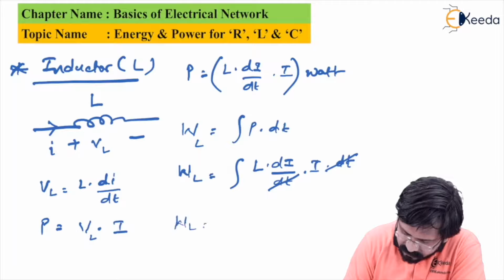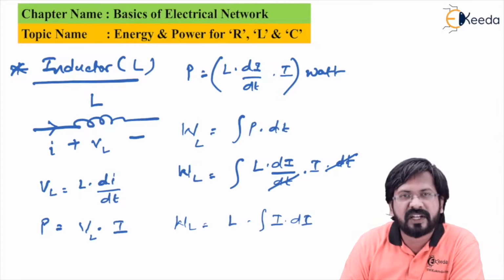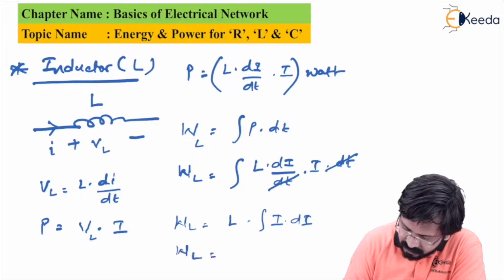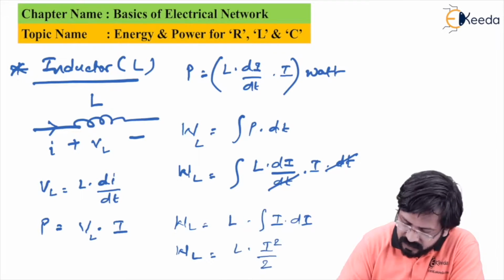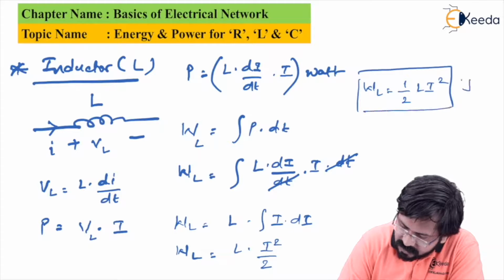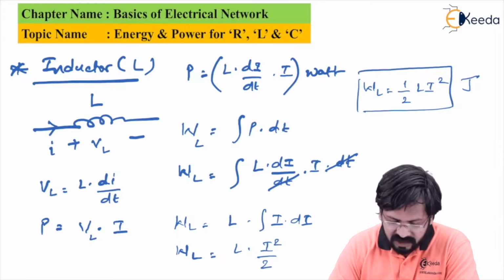So WL is equal to L into integration of I di. What is integration of I di? It is I square by 2. So WL becomes L times I square by 2. So we can write WL as half L I square. The unit is joules. So this is how we deal with power and energy which is associated with inductor.